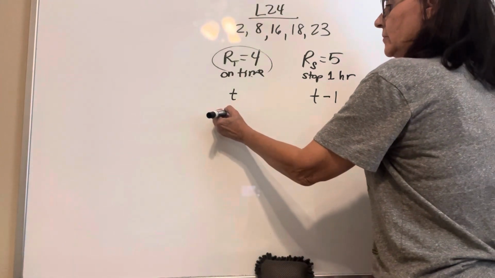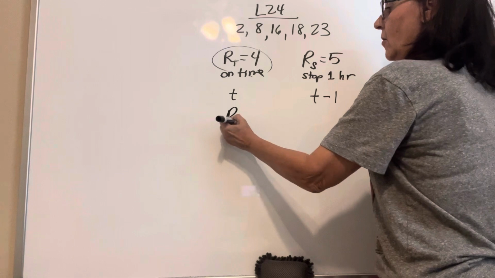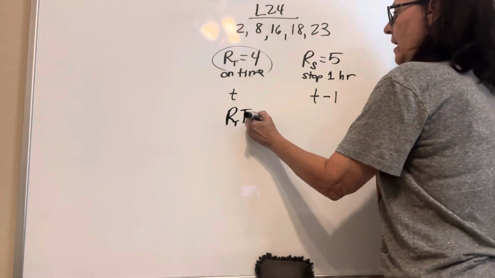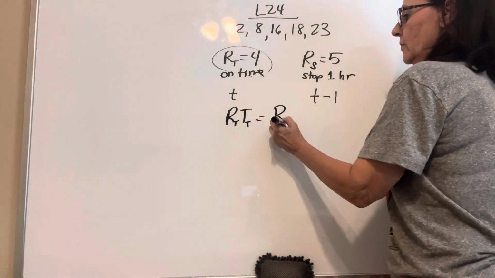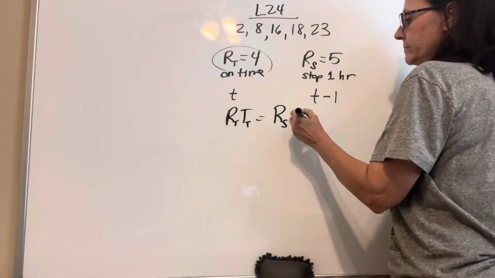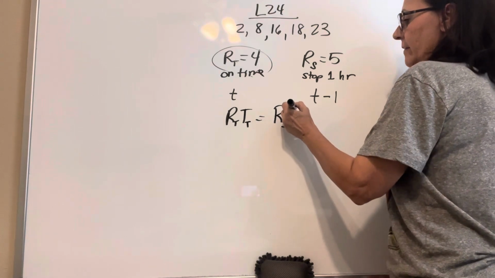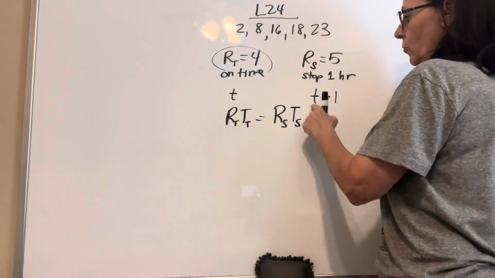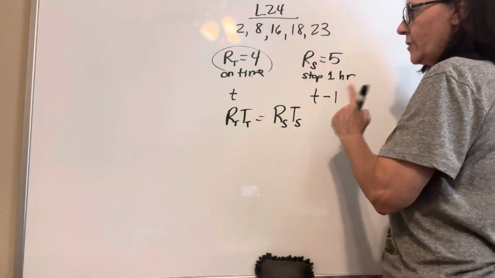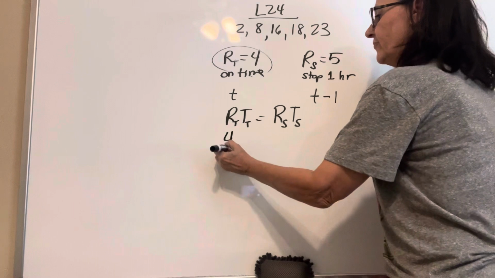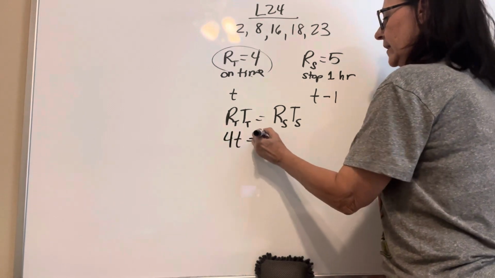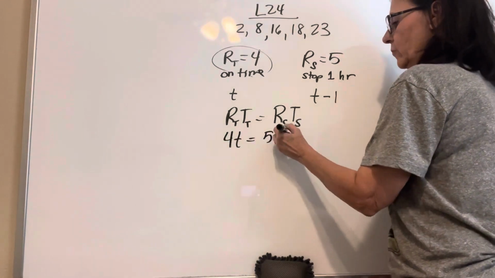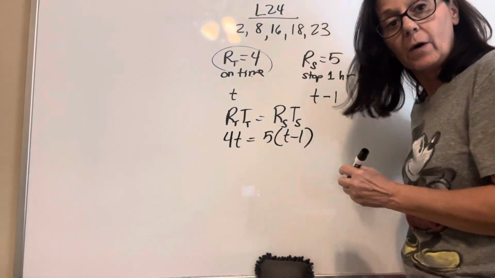So we have rate on time times time on time equals rate with the stop times time with the stop, which is going to be 1 hour less that they're traveling. So it's 4t is 5, and with the stop, we're traveling 1 hour less.